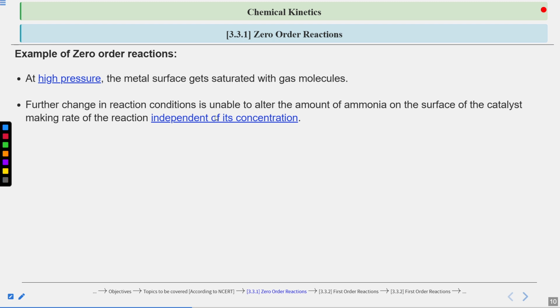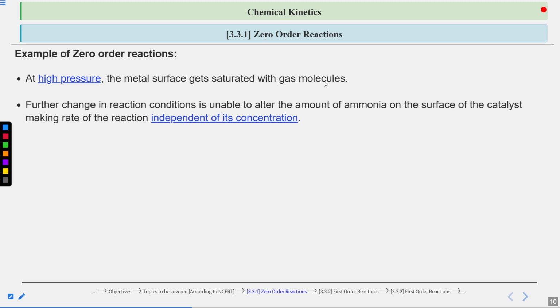Further change in the reaction conditions is unable to alter the amount of ammonia on the surface of the catalyst, making the rate of the reaction independent of its concentration. Try to understand this: if you change the conditions further, it is unable to alter the amount of ammonia on the surface of the catalyst, which makes the rate of reaction independent of its concentration.